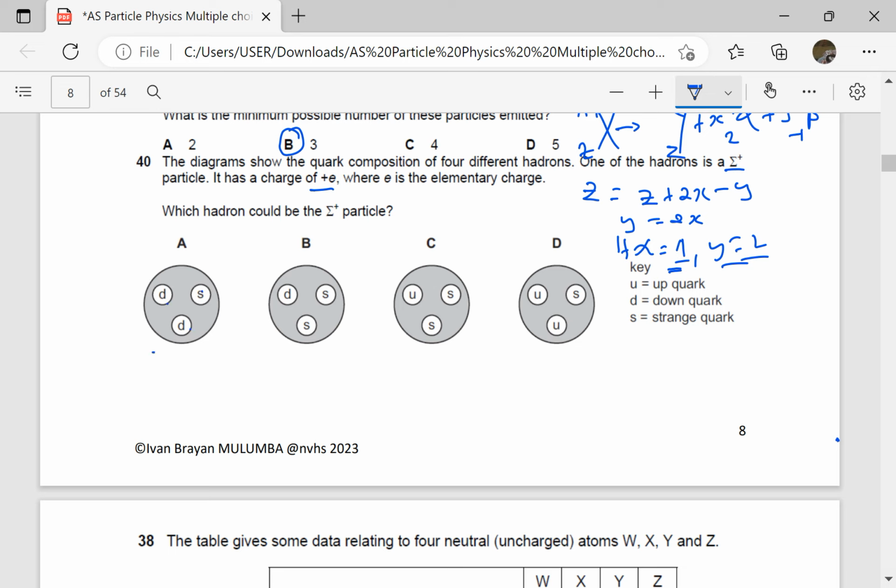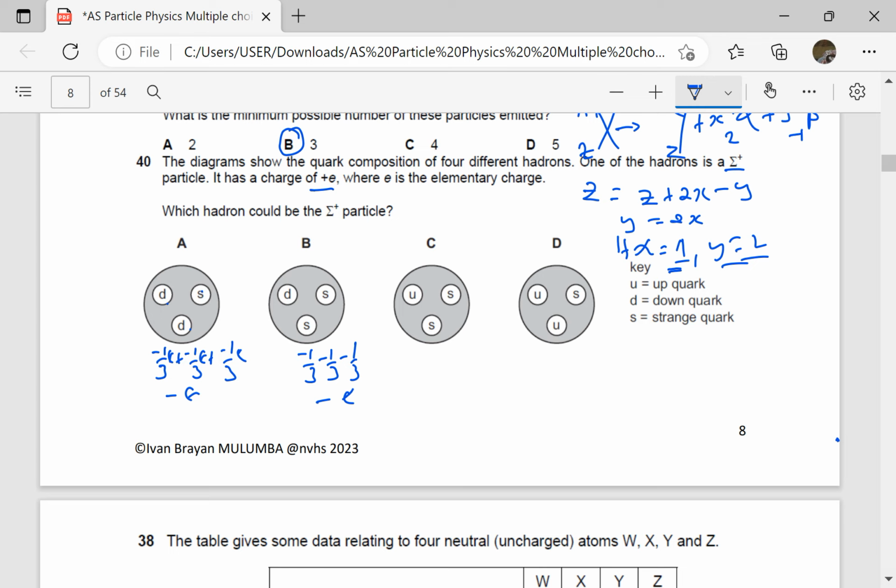That would be negative 1 over 3e plus negative 1 over 3e plus negative 1 over 3e. The charge here is negative e. Down, strange, strange, negative 1 over 3e, minus 1 over 3e, minus 1 over 3e. The charge here is also negative e because strange particles have a charge of negative 1 over 3e.